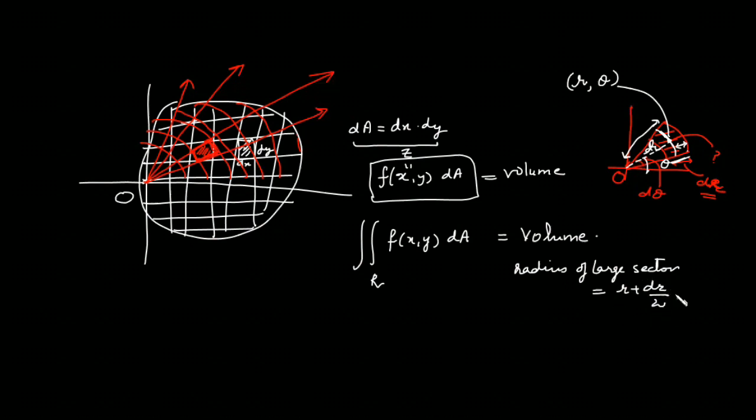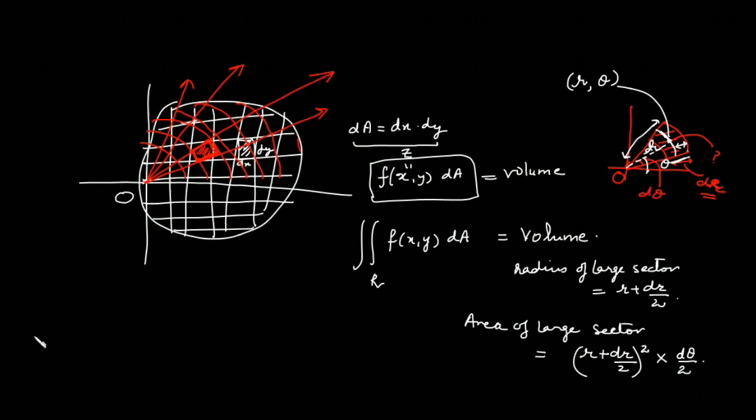So if we have the radius and we have the angle, we can find out the area of the large sector. So what will be the area of the large sector? The area of the large sector will be r plus dr by 2 whole square into the half of the angle, which is d theta by 2. So this is the area of the large sector.